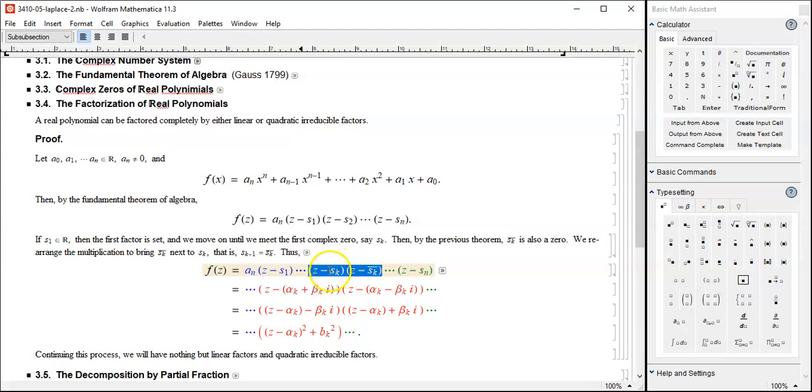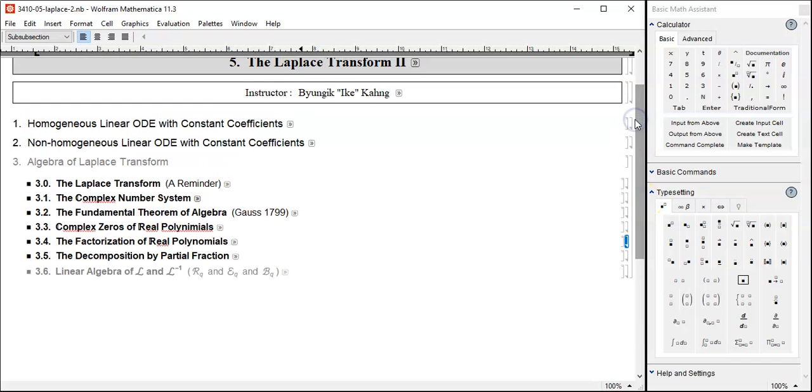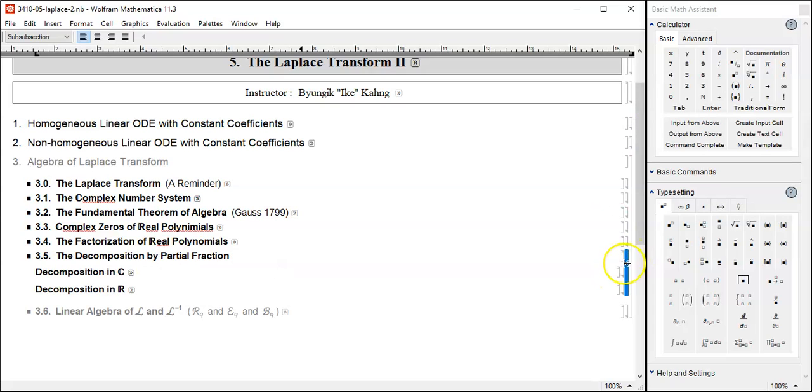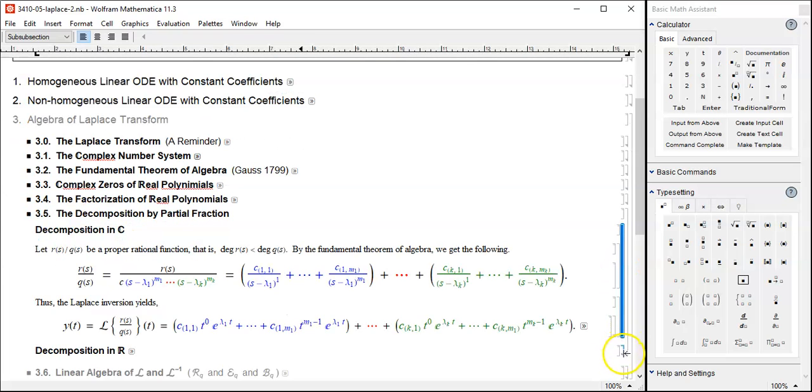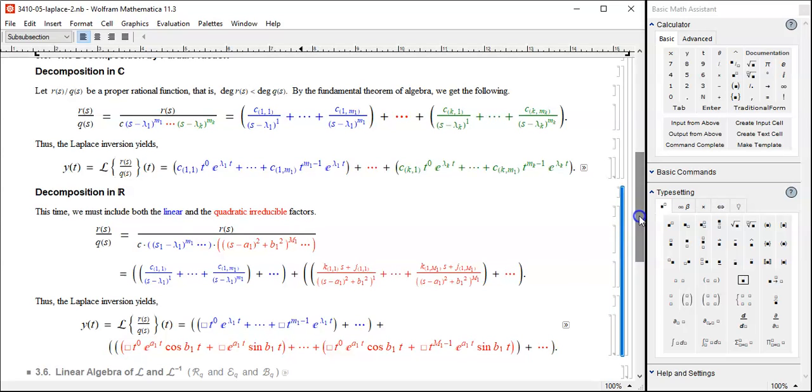Then you can prove that this part can be rewritten as complete square plus square form. So that was the idea. For the complex case, the fundamental theorem of algebra was sufficient. For the real case, we need to go a little bit further, but still, we don't have anything worse than quadratic irreducible. Now, we use those to establish the general solutions of the homogeneous equations.